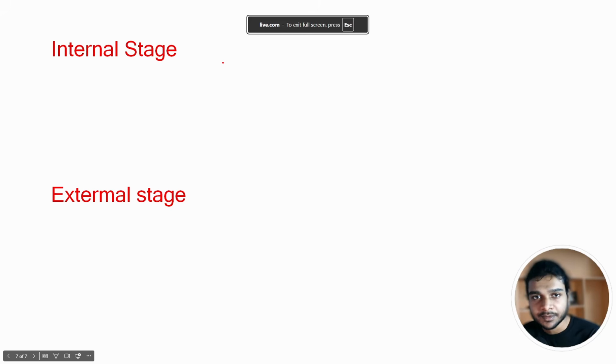And there are two types of stages, one is internal and the other one is external. Internal stage is when we store the files inside Snowflake. External stage makes us store the files outside Snowflake in any of the cloud storage. In an actual internal stage, let's say this is Snowflake.